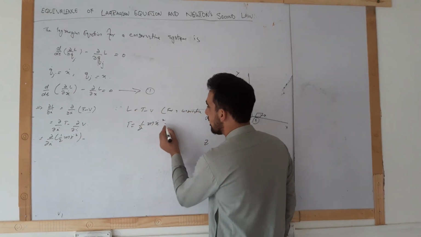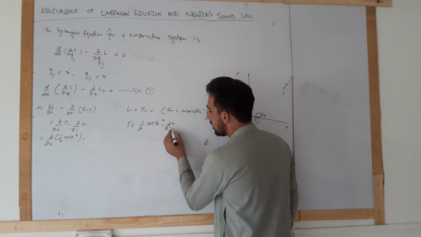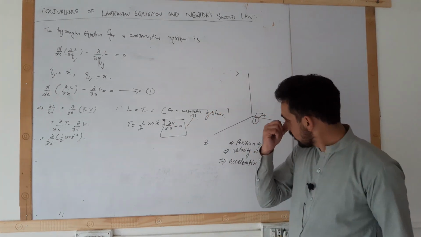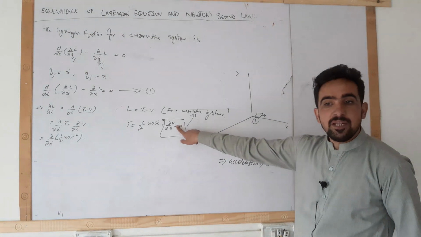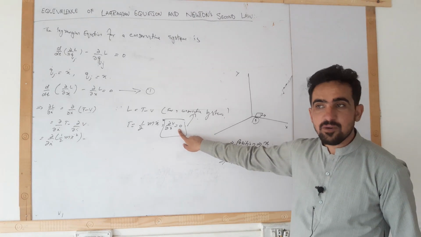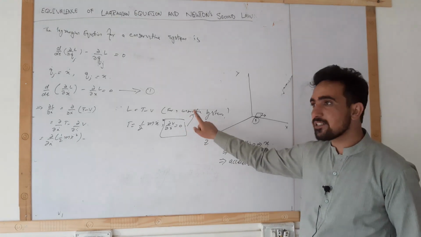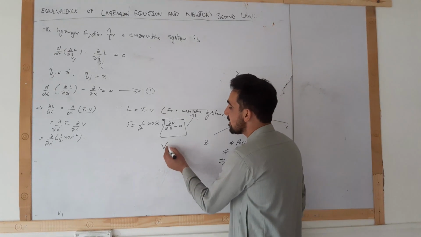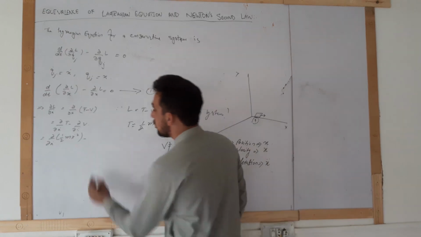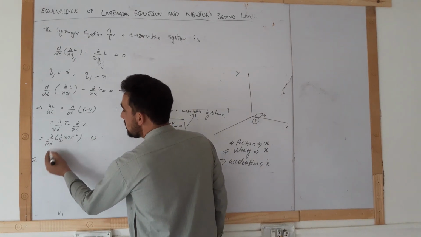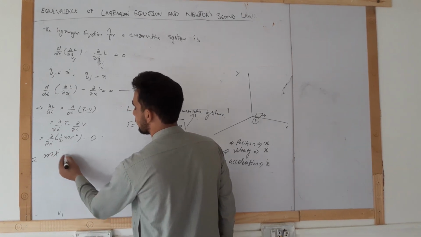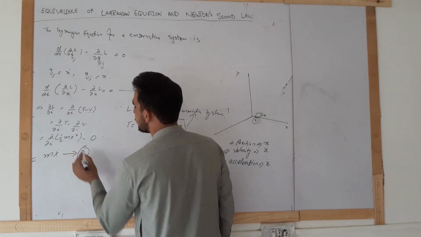Partial V by partial x dot is always 0 for this system, because in a conservative system, potential energy is independent of the velocity of the body. We can say that V is not a function of x dot. So that term is 0. Differentiating, we get m x dot. Let's just call it equation number 2.